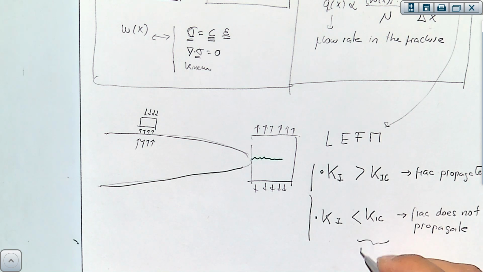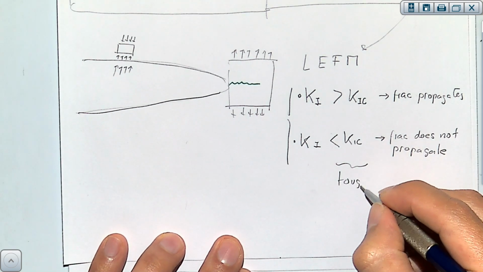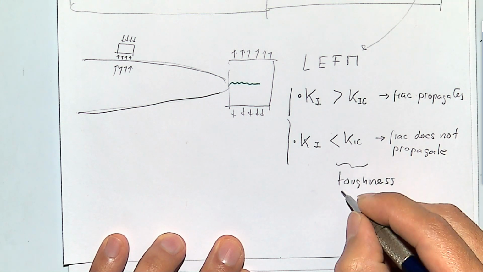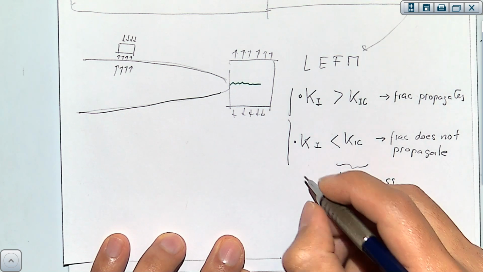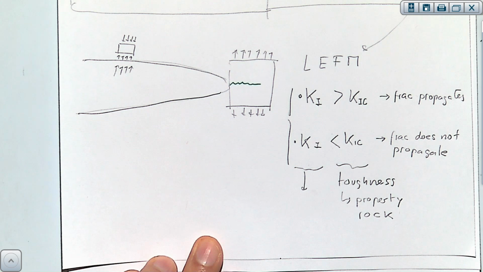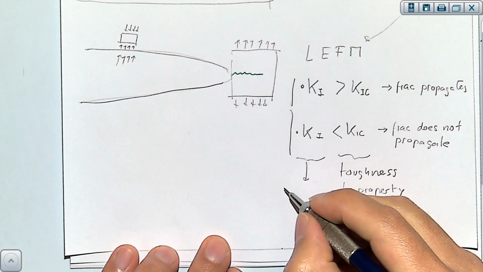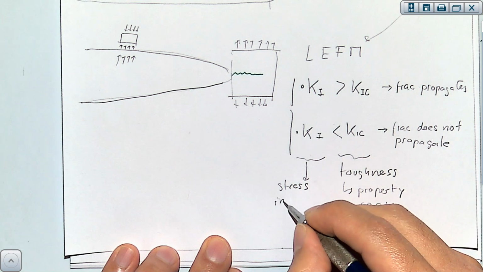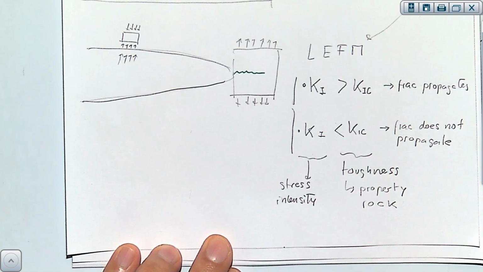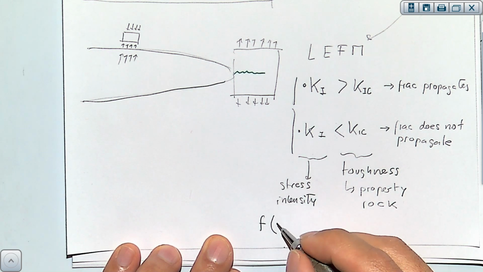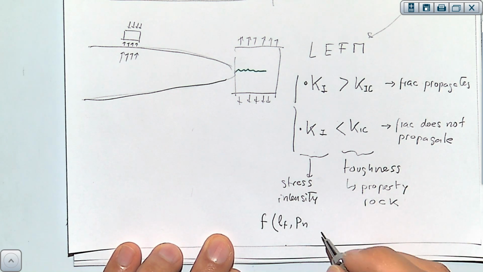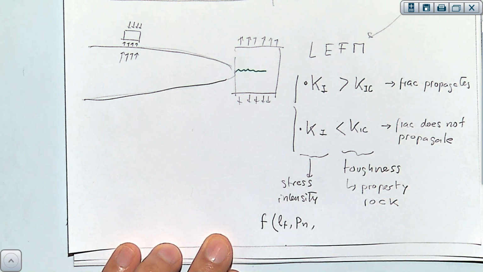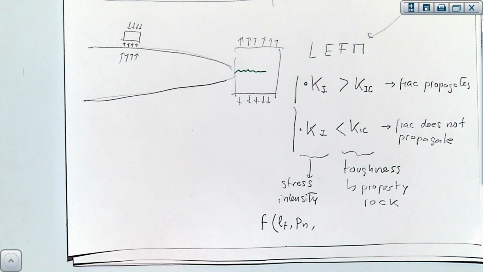Again, this is toughness, and it is a property of the rock. And this is intensity, and it's a function of the length of the fracture, the net pressure, and... I think that's everything.